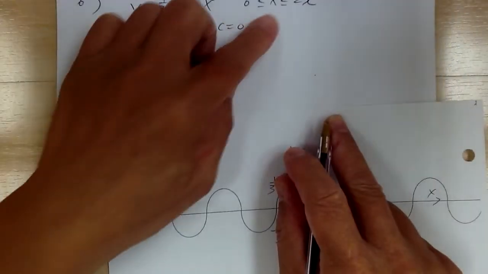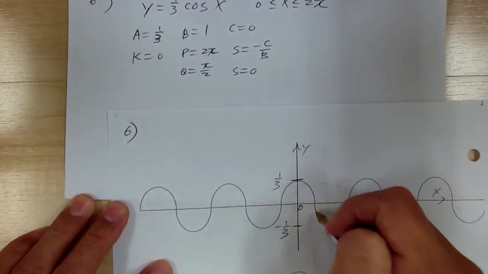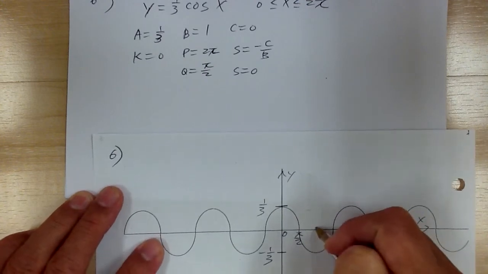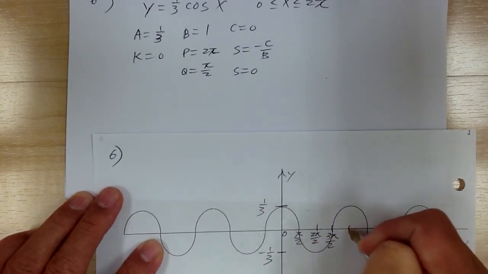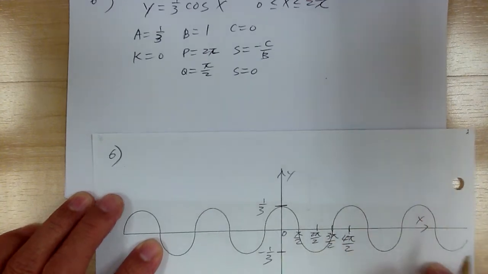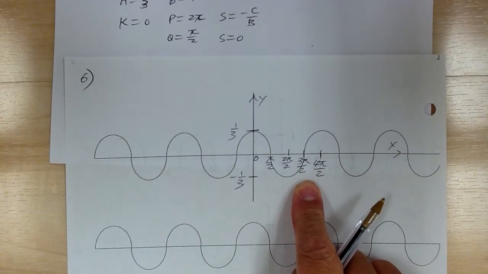And you want to go from 0 to 2 pi. So don't forget your 0. Start with 0, pi over 2, 2 pi over 2, 3 pi over 2, 4 pi over 2. Okay, and so that's it for number 6. Okay, let's go to number 7.